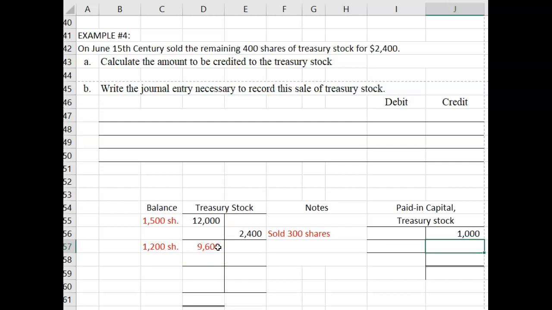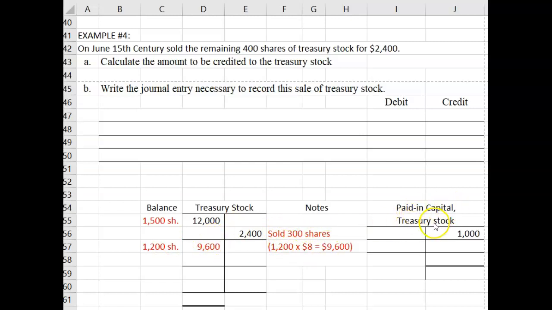But I want to make sure I haven't made an error in math somewhere. So my question is, we paid $8 a share for this treasury stock. So does 1,200 shares times $8 a share equal the balance that's in the account? Let's check it out. And the answer is yes. This $9,600 balance is an expected balance with 1,200 shares at $8 a share.